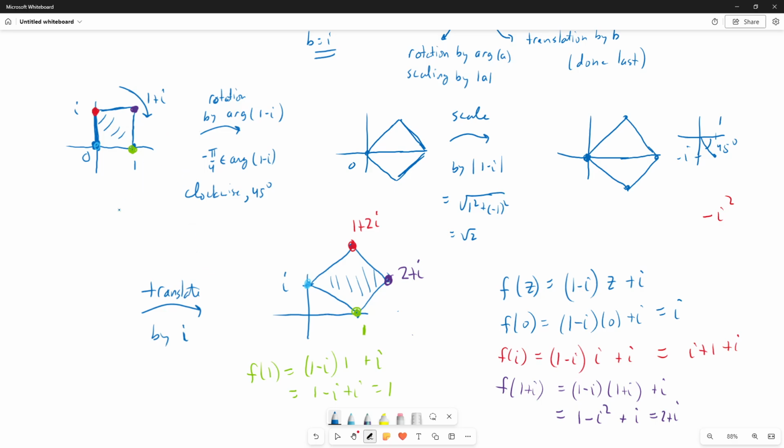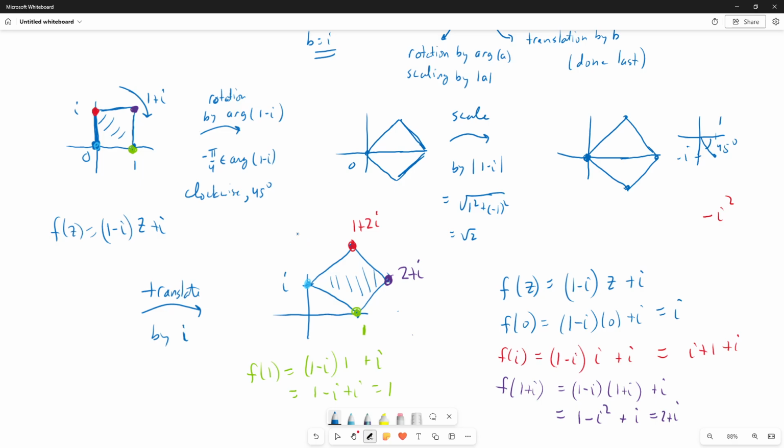So again, f of z was a linear mapping, (1 minus i) times z plus i. We are going to rotate, scale, and translate this square. Rotating a square leaves us with a square, scaling a square also leaves us with a square, and so does translating a square.